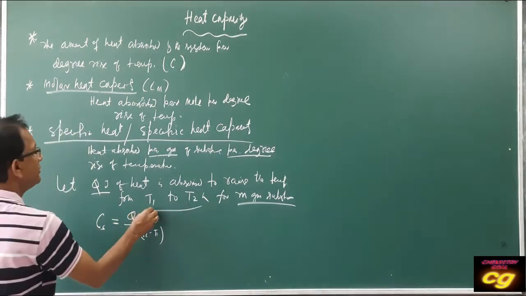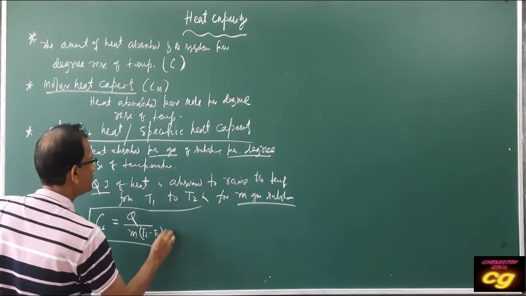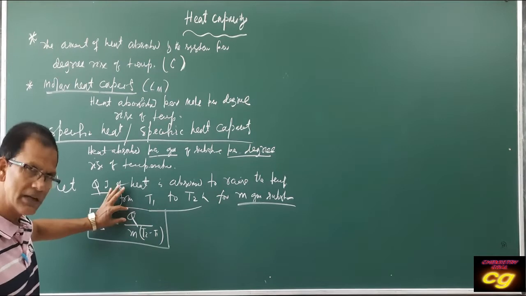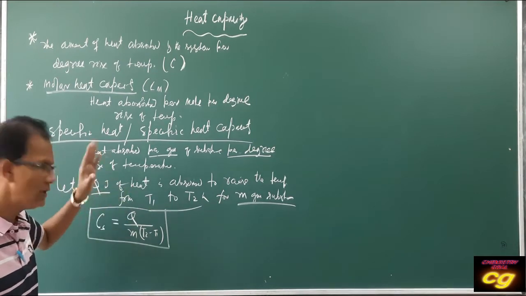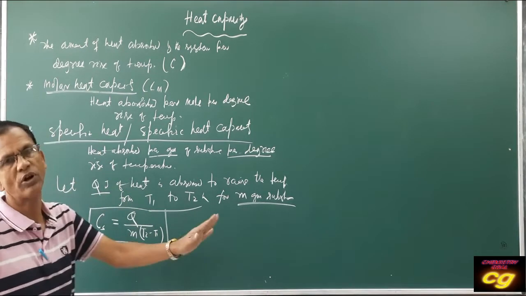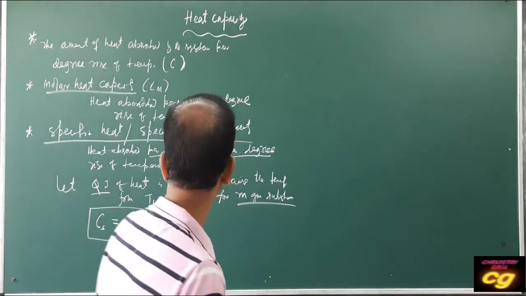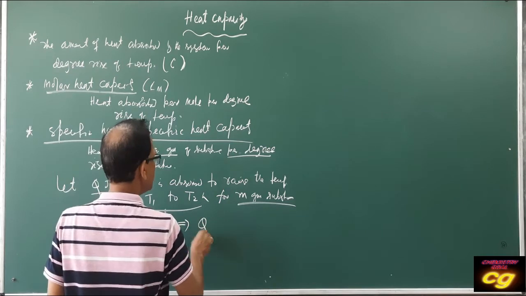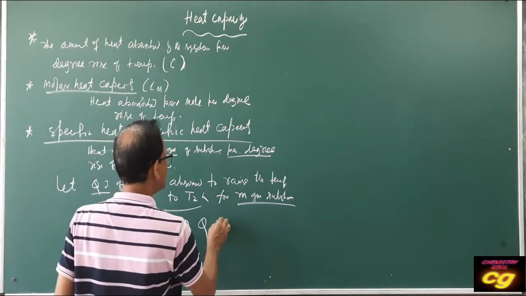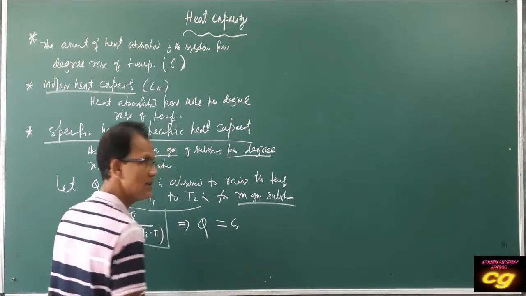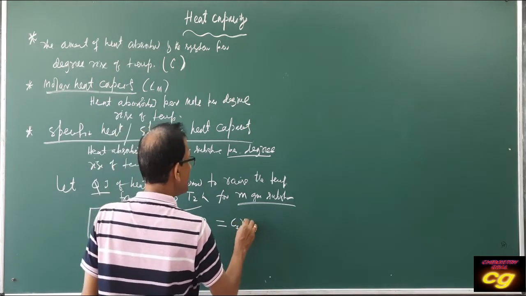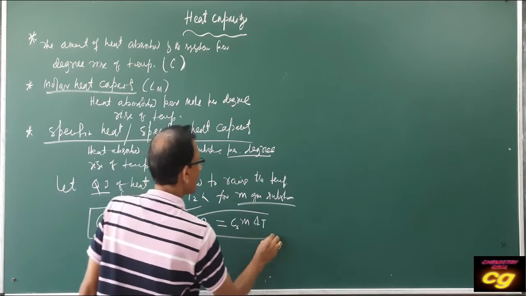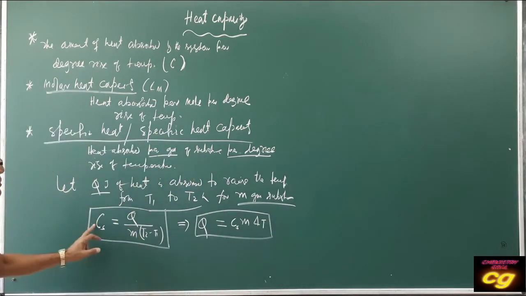So this is the derivation of specific heat capacity: the amount of heat absorbed in joule or kilojoule per gram per degree rise of temperature. This implies that Q, the total heat absorbed, is equal to the specific heat of the substance times mass times delta T. If you multiply, Q is equal to Cm delta T.